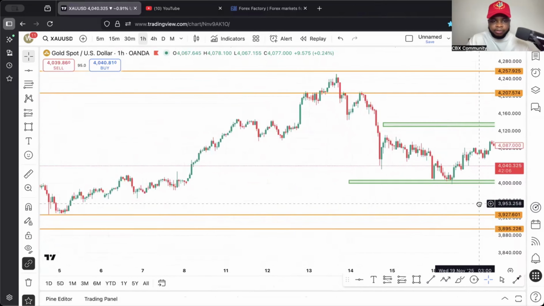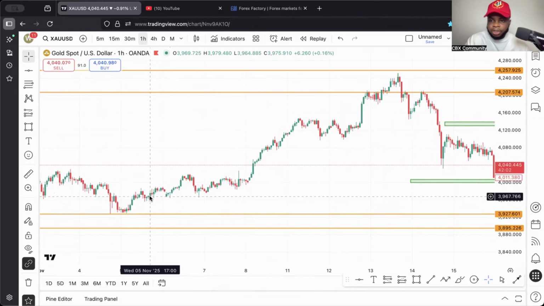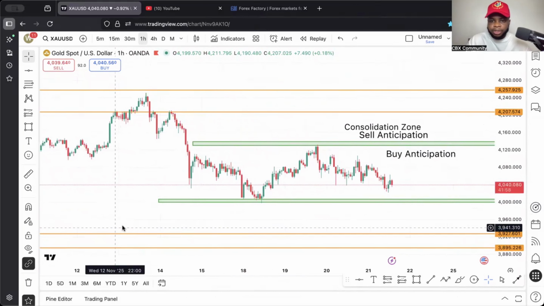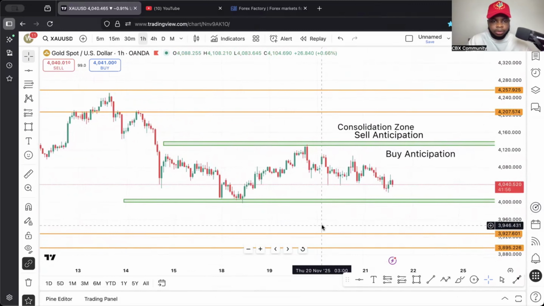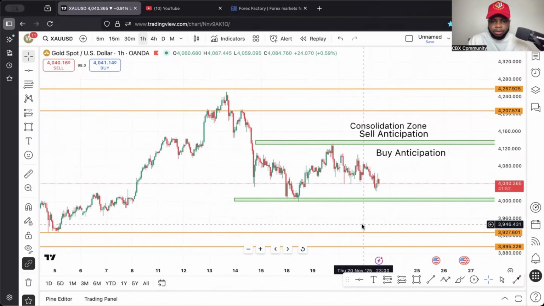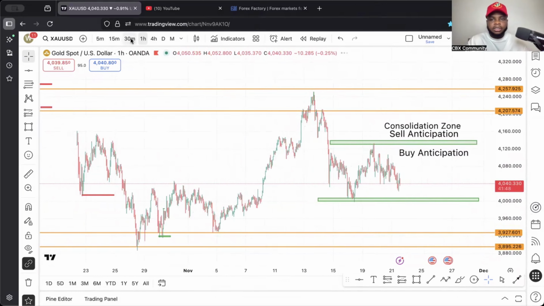We also have minor supports. So there is nothing serious that is happening at this moment. Let's look at the 30 minutes.